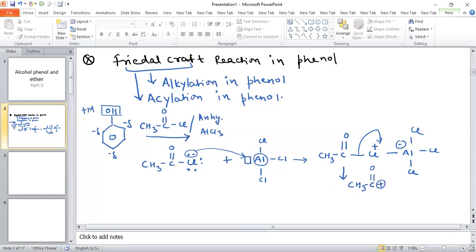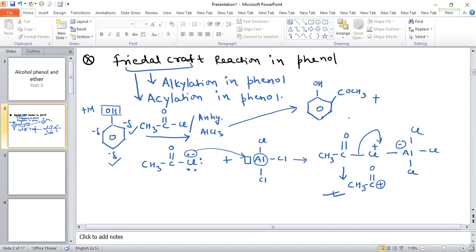Now this electrophile will attack at the ortho position and para position, so there are two possibilities of product. One product is phenol with the OH group, and at the ortho position the electrophile attacks, so it will be COCH3.